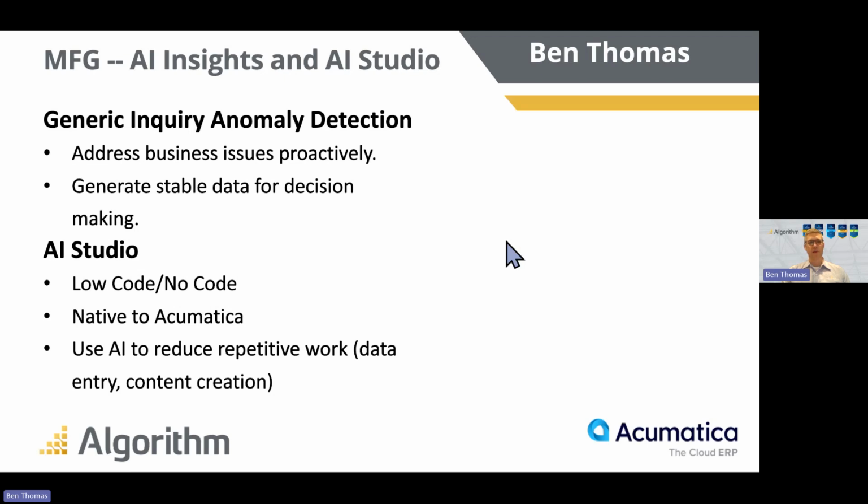It helps users see what doesn't look right or what looks normal, either way. Maybe it's an issue with production timing, a problem with purchase lead times or cost variances, or an issue in forecasting and planning.